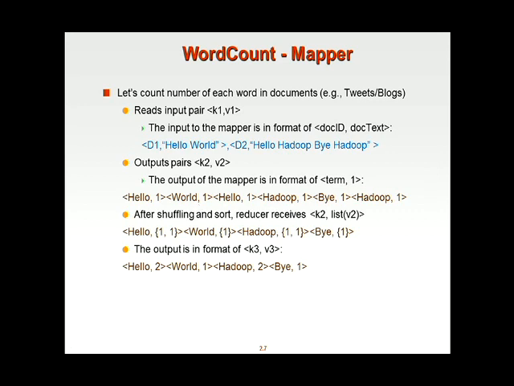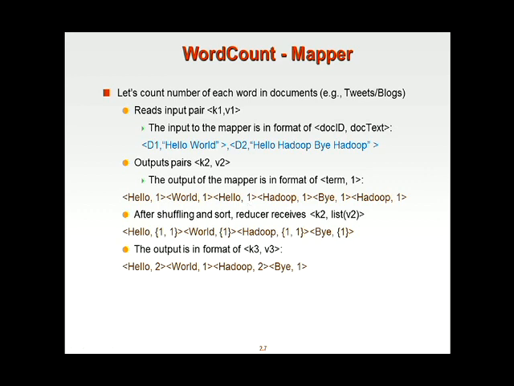So the output of the mapper is in the format of key-value pairs as well. This is the intermediate result for a word count job. And after shuffling and sorting, the reducer will receive this format, K2 and a list of values. In our word count example, K2 is a term, and in this intermediate result, we can see that there are two hello, 1 key-value pairs, right?